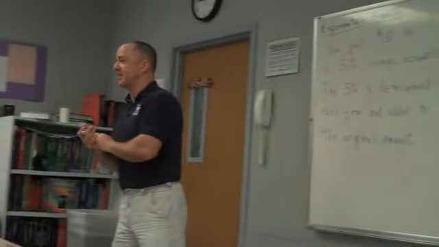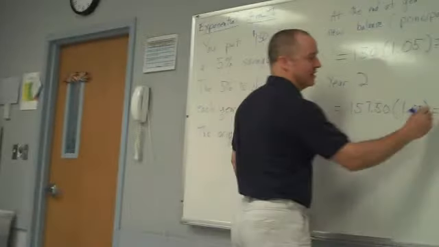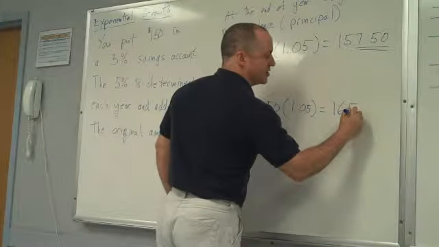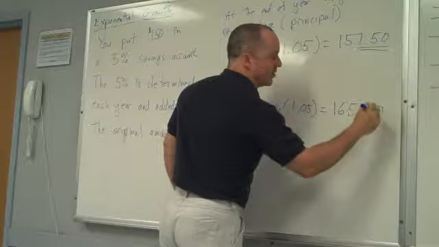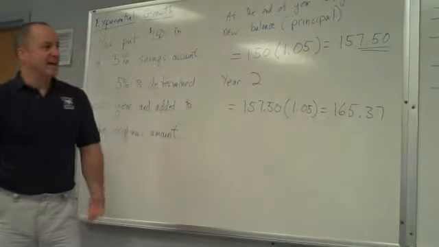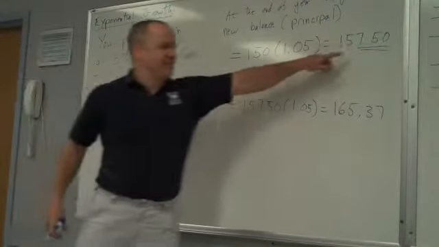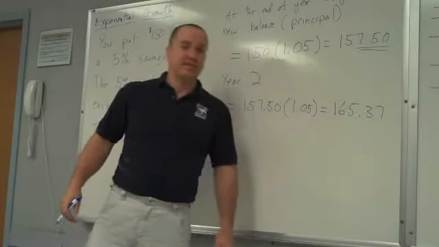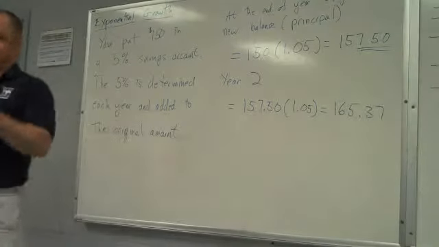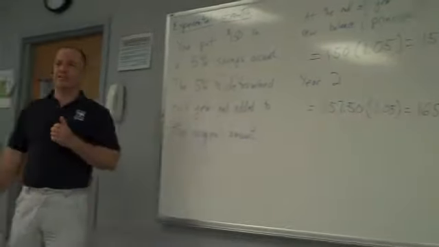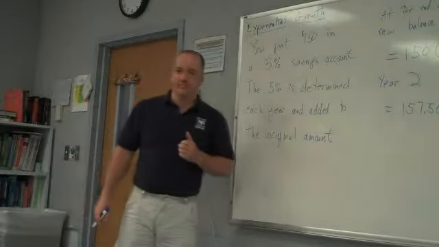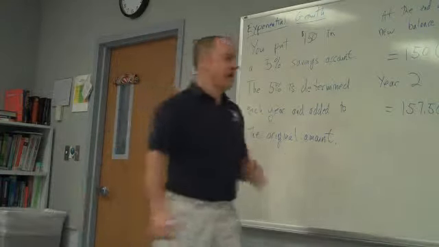Amy, may we impose again? $165.37. What extra did we get out of this? If I'd added 7.50 again, I'd have gotten 165, but the exponential model got us a whole 37 extra cents. In this economy, I'll take it.